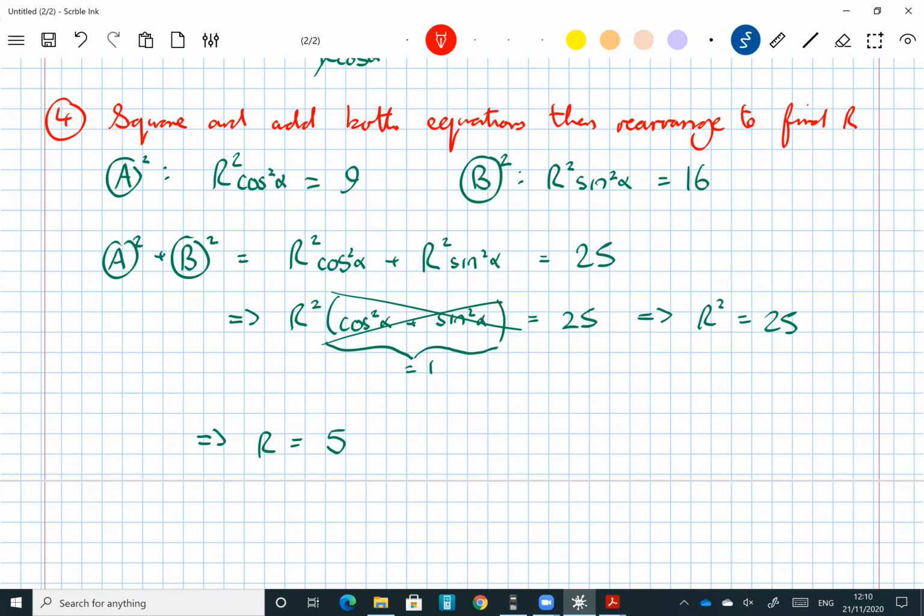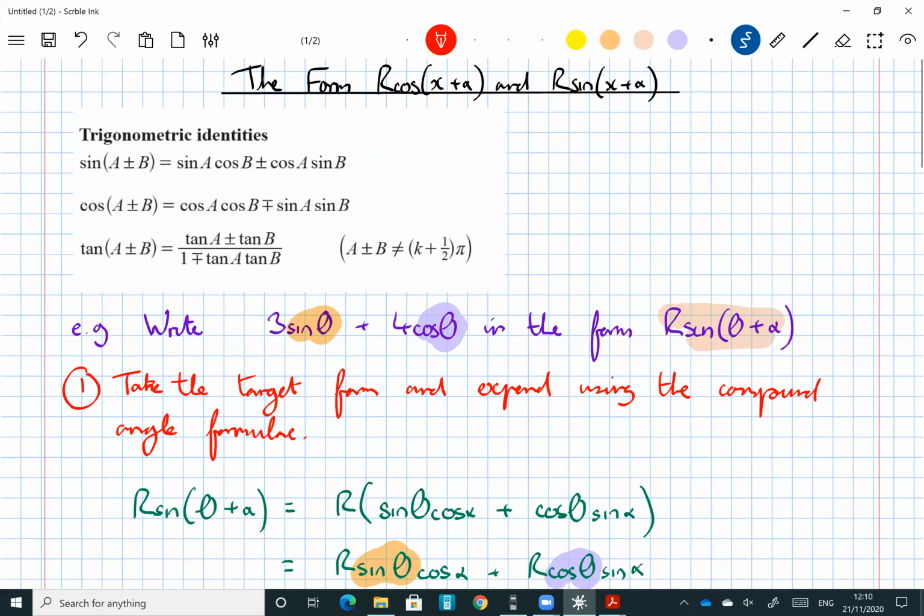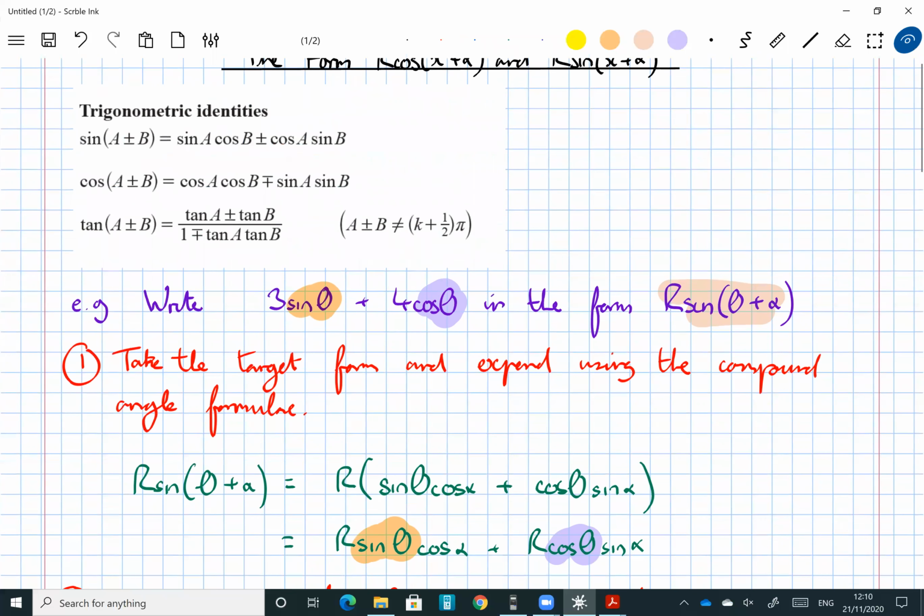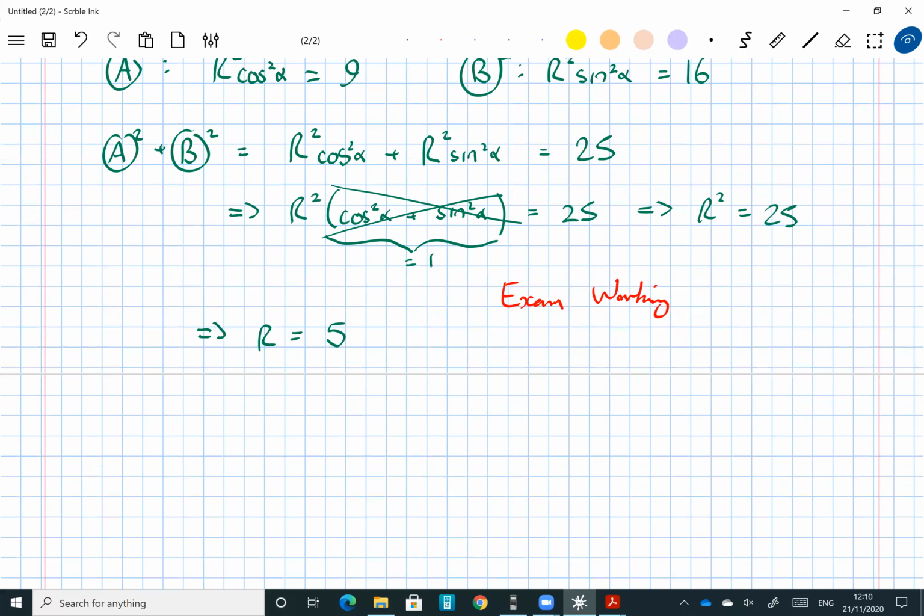So the ideal exam working: you'd look straight at the question, see the coefficients were 3 and 4, and you'd know that you just had to do, well, essentially Pythagoras on that. So what you do in an exam, you just write straight away r equals the square root of the sum of the squares of the coefficients, which is 5.